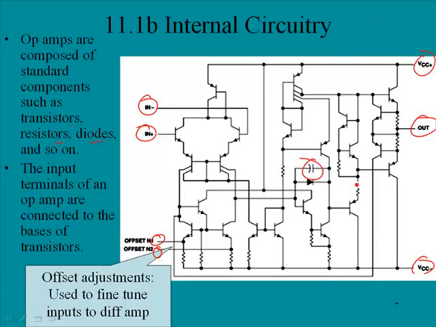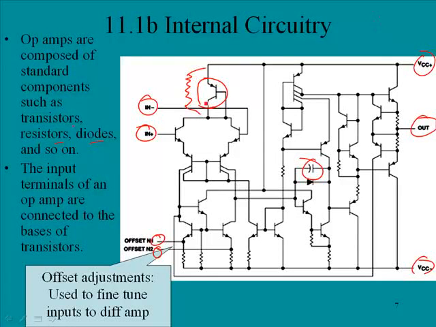You'll notice here, if you look at this, this looks kind of like a differential amp here. When you have the two inputs, remember from last chapter we looked at a differential amplifier, and when they integrate components, something that happens is that, for example, this component right here, though it looks like a transistor, and it is a transistor, it is doing the same job as a resistor.